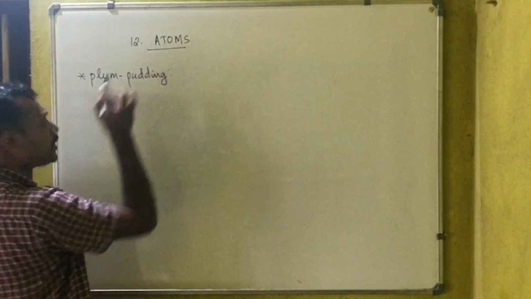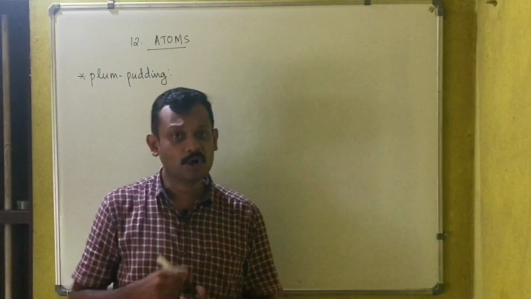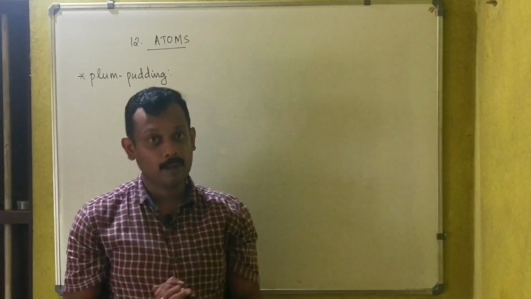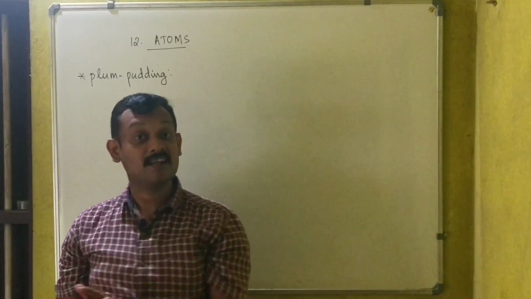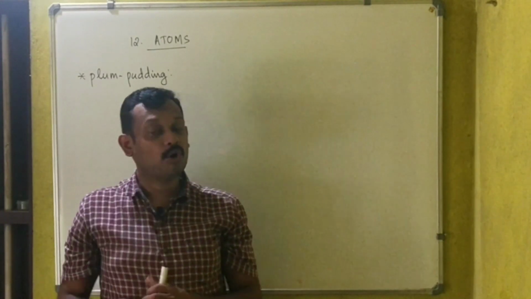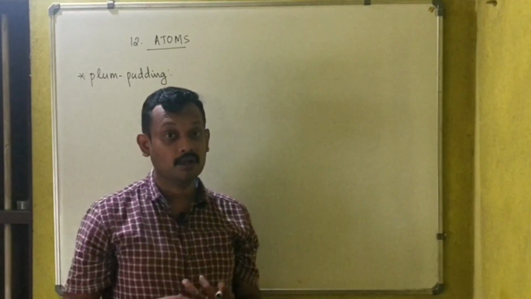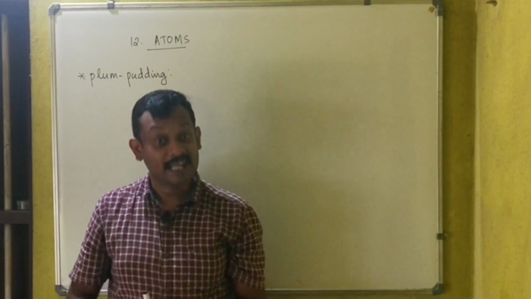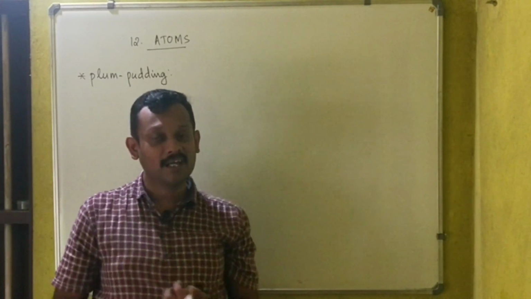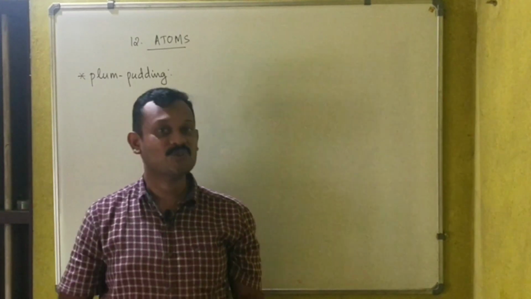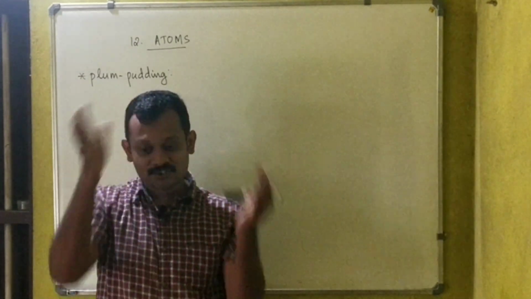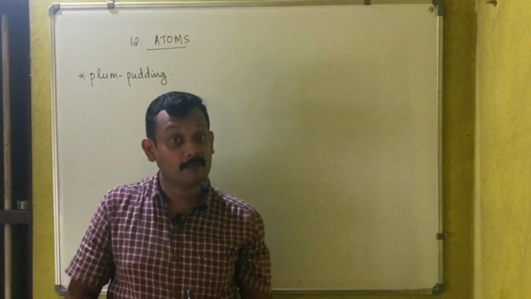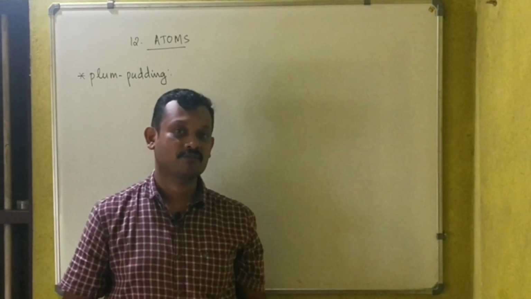According to the plum pudding model, think of a cake in which the plums, the nuts inside the cake, are considered to be the electrons, because then the only known particles were electrons. Or just think of a watermelon, where the seeds represent the electrons and the fleshy part represents the positive charge.